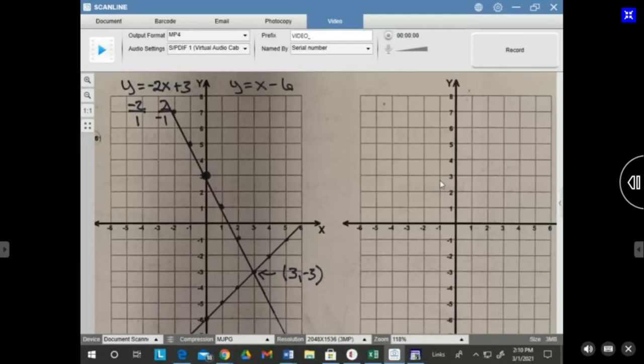Now, how did we determine if we had a solution last week? What did we have to do? Three little words. My answer is 3, -3, and I have y equals -2x plus 3.